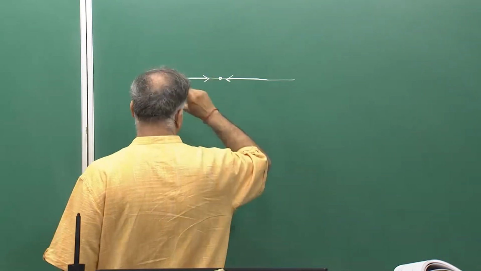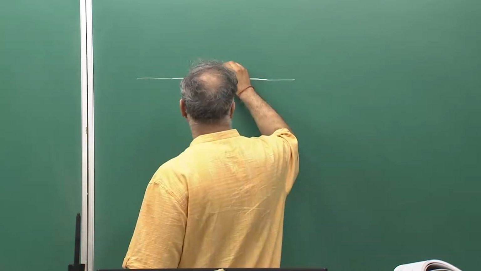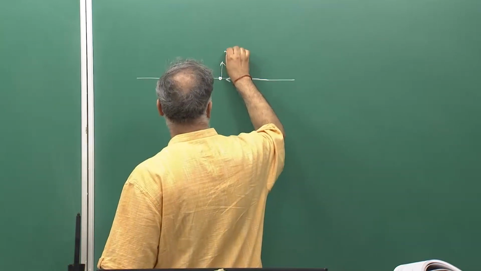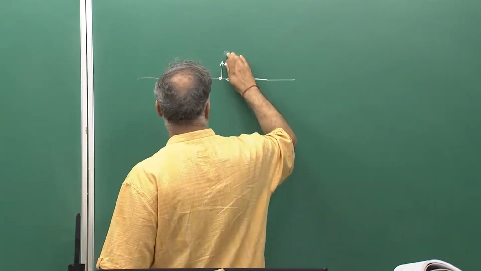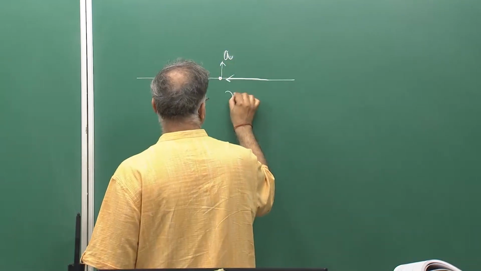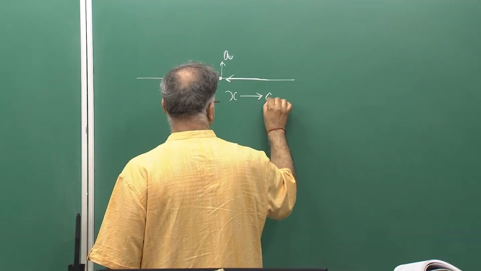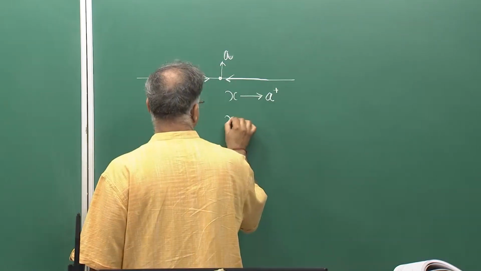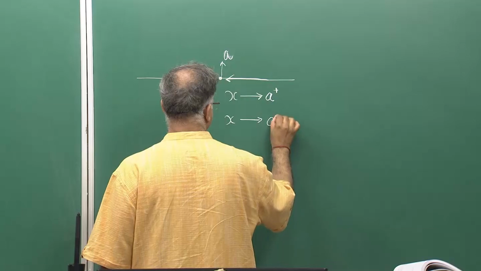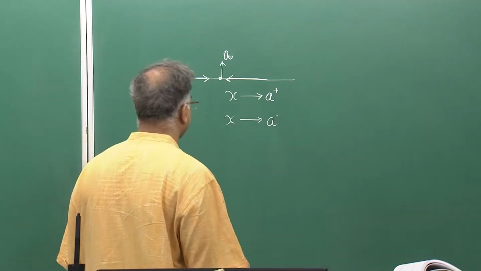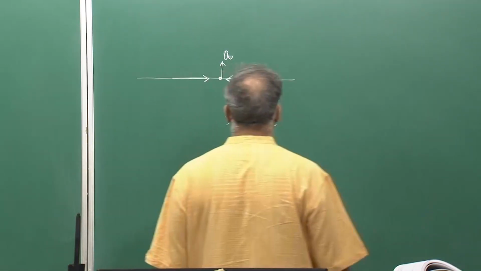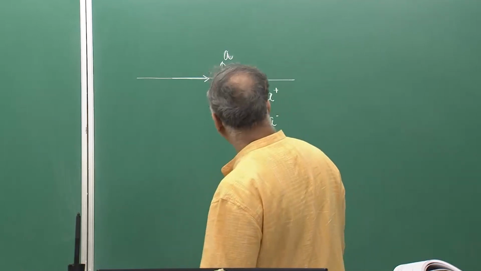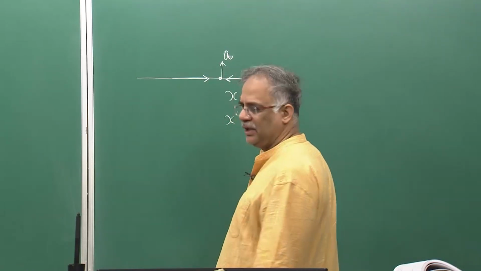So, if this is my point A, then x either approaches it from the right or x approaches it from the left.